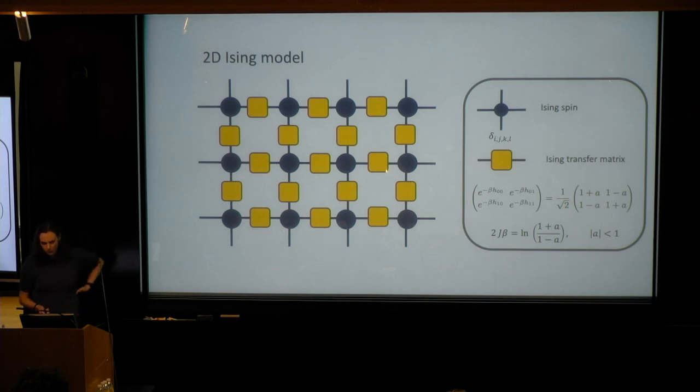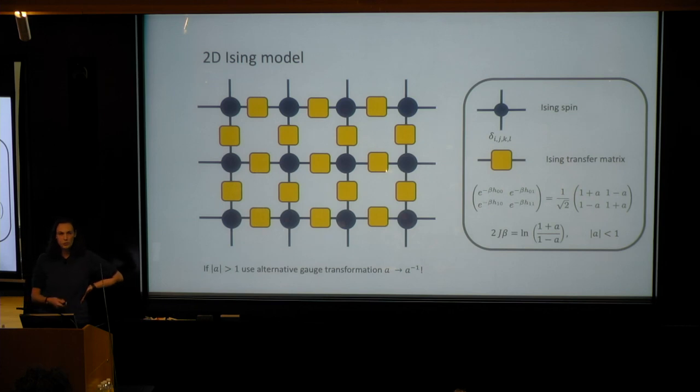Now there's one thing that I should point out. This mapping only makes sense if we consider values of A smaller than 1, because otherwise this exponential mapping doesn't really go through. But if we start with a parameter A that is larger than 1, we can actually do a slightly different gauge transformation.